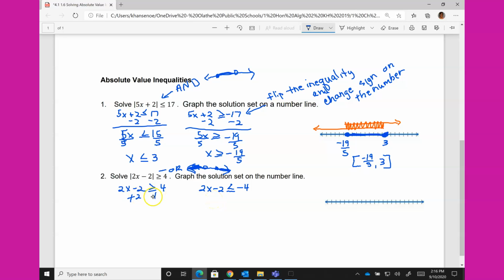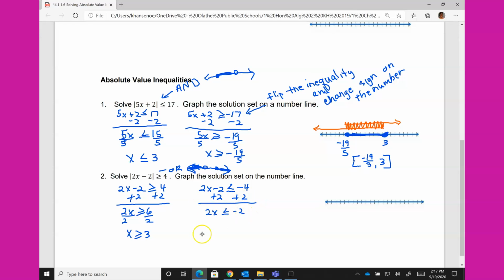Add 2 to both sides. I get 2x greater than or equal to 6. I divide by 2. I get x is greater than or equal to 3. So on the second one, I add 2. I get 2x is less than or equal to negative 2.